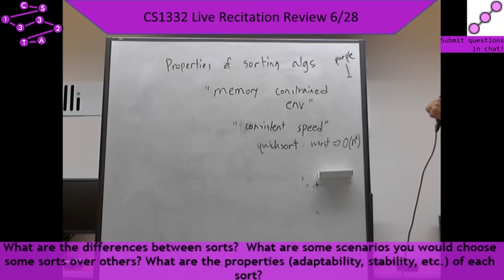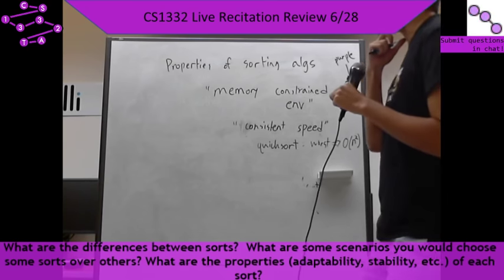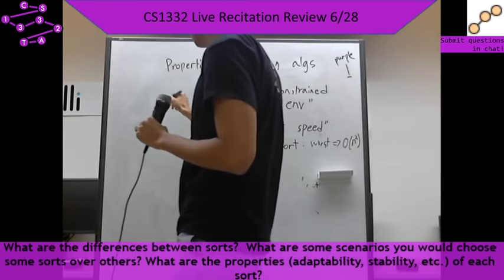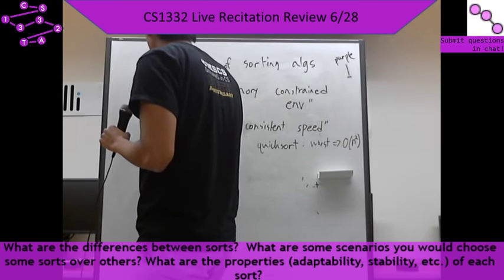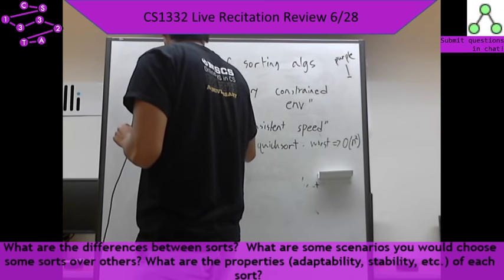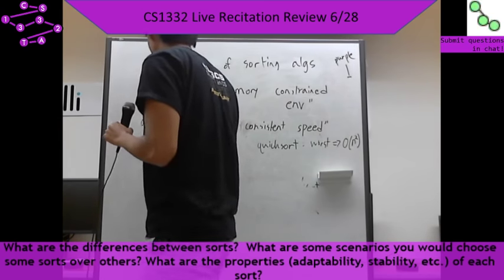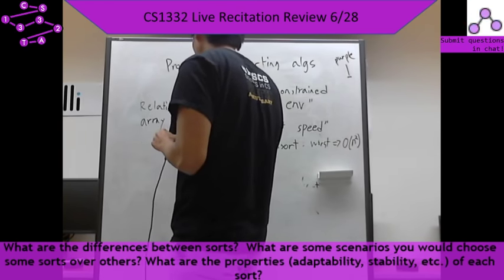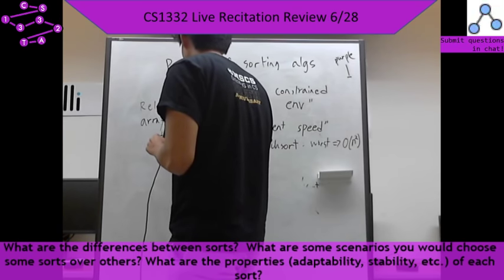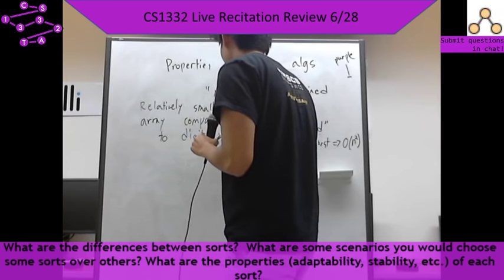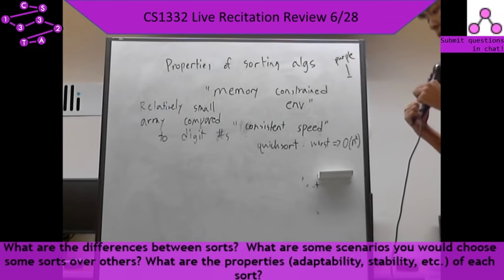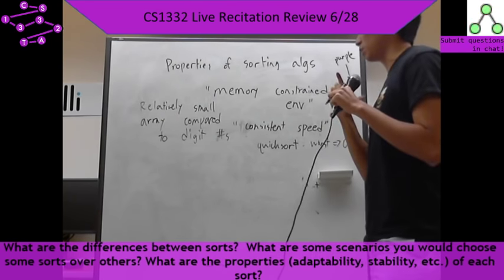Another thing that you might look out for is, let's say the question says you have an array whose size is relatively small. So let's say you have an array of size 50, but the numbers are really big.